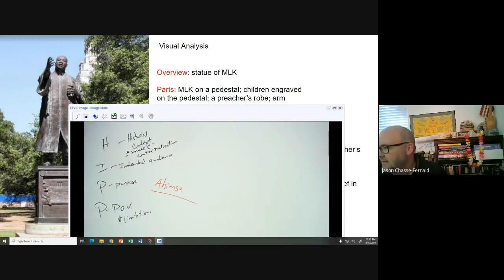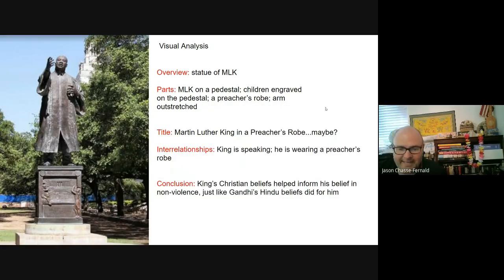Gandhi practiced nonviolent civil disobedience and preached ahimsa, which is the concept of nonviolence within Hinduism. So both Gandhi and Dr. Martin Luther King Jr. were informed through their religious beliefs. They're both often portrayed wearing religious clothing as well. Right? So that's the way you could source a visual item.